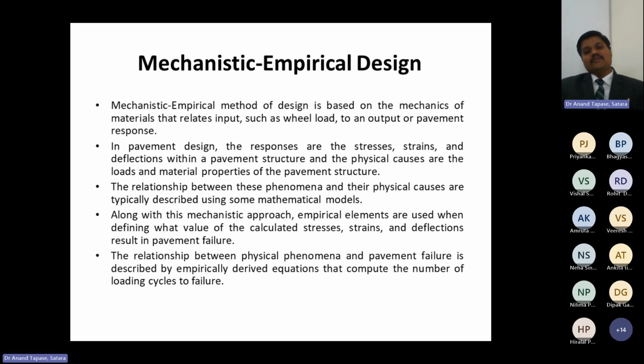In case of flexible pavement, there are two parameters. In rigid pavements, we are concentrating on the stress parameters, that is on the corner, on the edge, or at the center. And in case of flexible pavement, we are focusing our attention on only two critical parameters, and that is the strengths. That is the horizontal tensile strength and the vertical compressive strength.